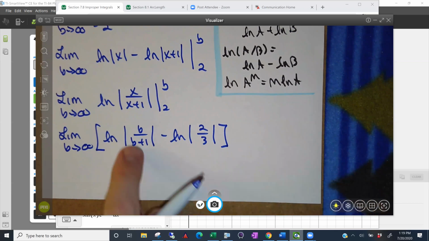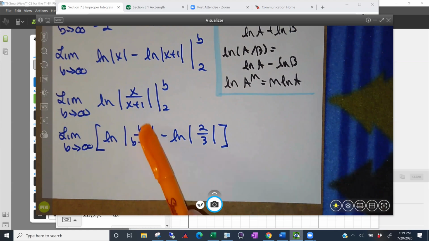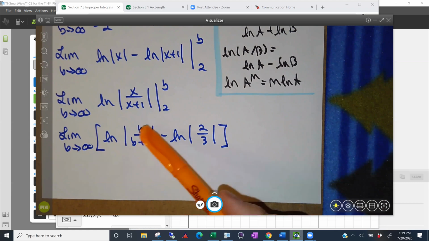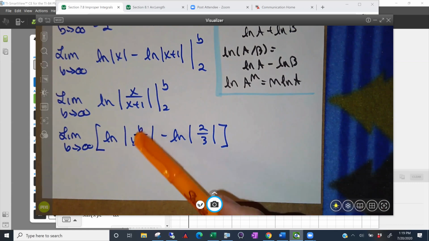So now we've got to get busy thinking about the limit. Let's think about these two right here. As b approaches infinity, what's going to happen to the ratio of b over b plus 1? Where's that ratio going to go? Maybe infinity over infinity, right?